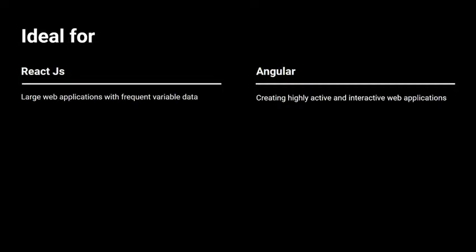But if we have a lot of data visualization projects and user interactive web applications, then it's highly recommended to use Angular rather than React.js. So these are the ideal use cases of React.js and Angular.